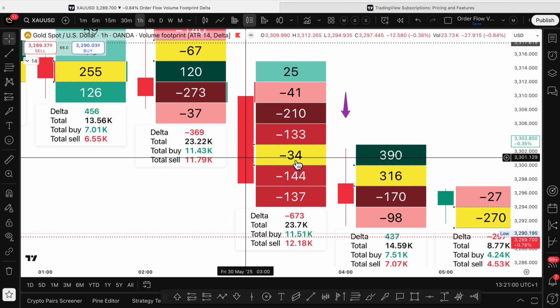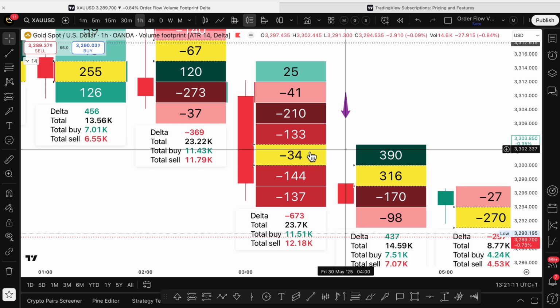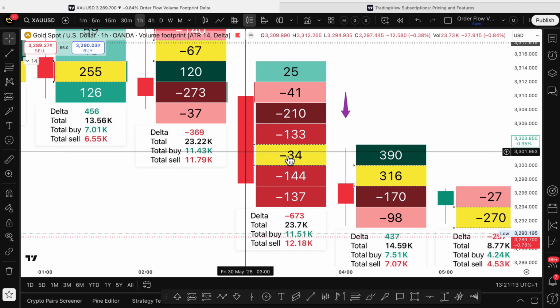This is lower because this could have been 20,000 buyers and 20,034 sellers. That's why it's such a low delta. But the yellow box tells you that the most volume was traded here.